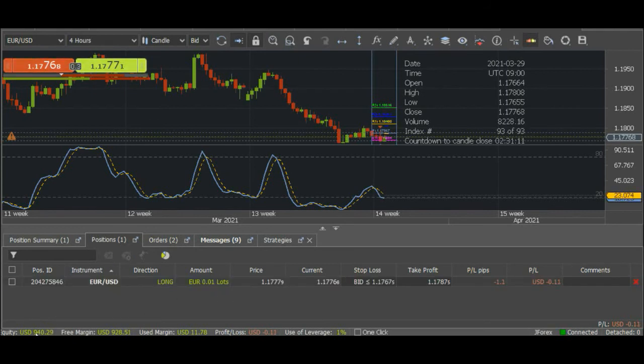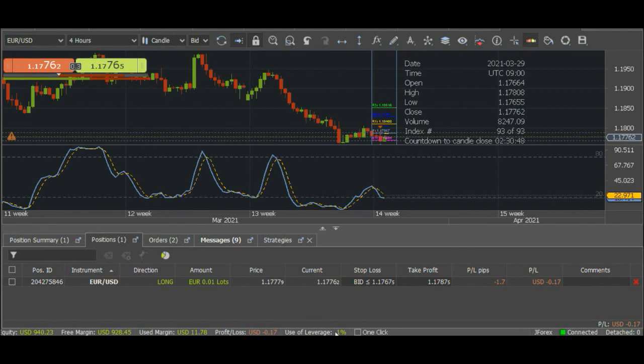I have $940 in my account, which means it's a demo account. I'm using a demo account, so I have almost 1000 USD. So I use a micro lot size, that means 1000 units, and I went for a buy.